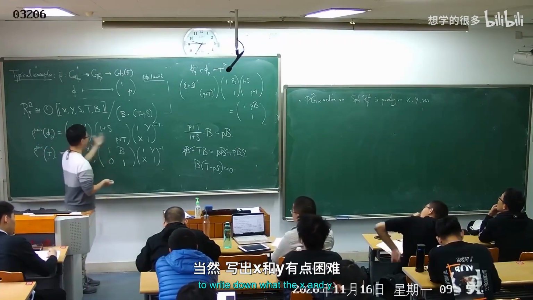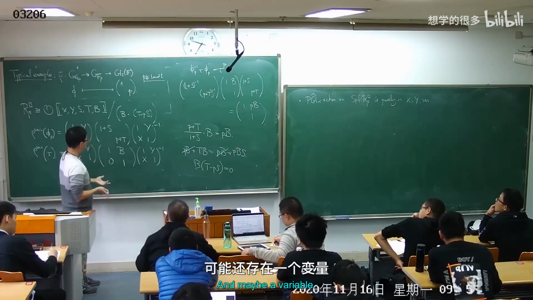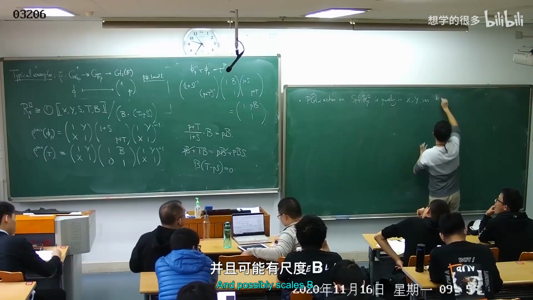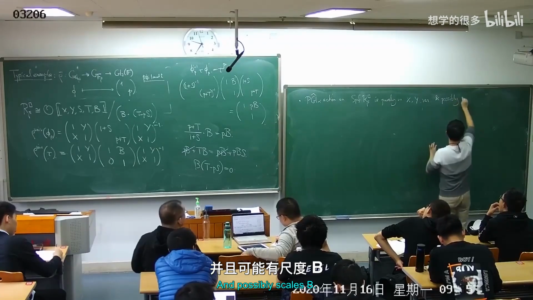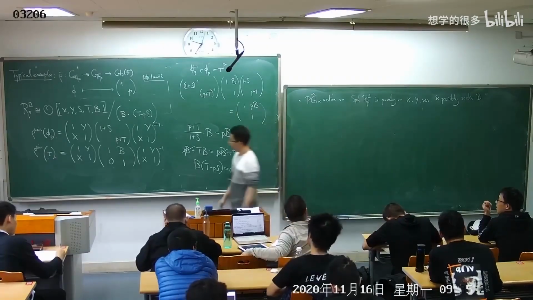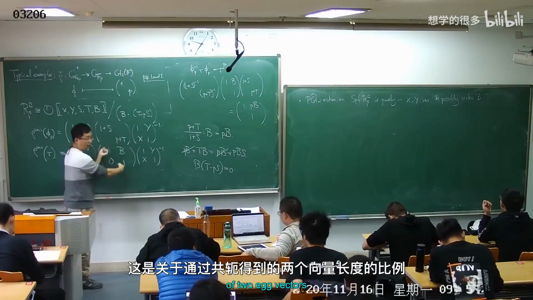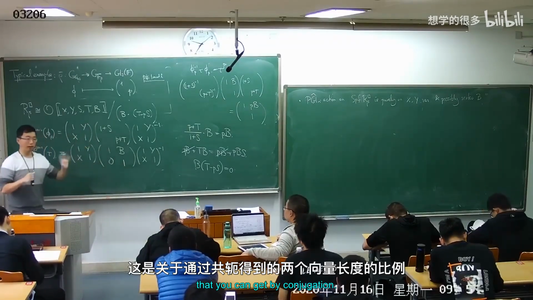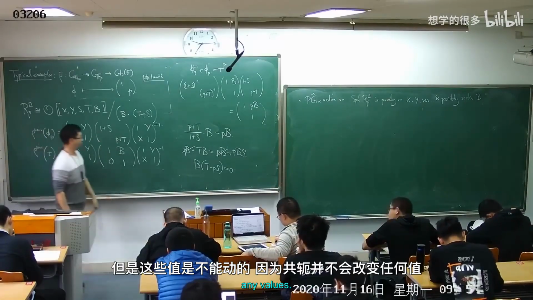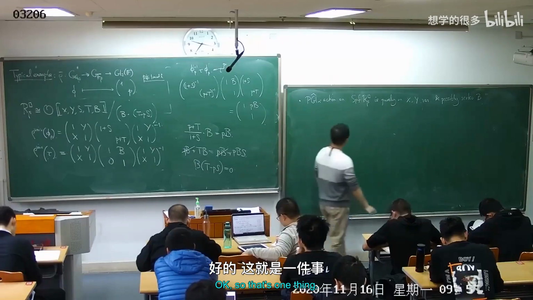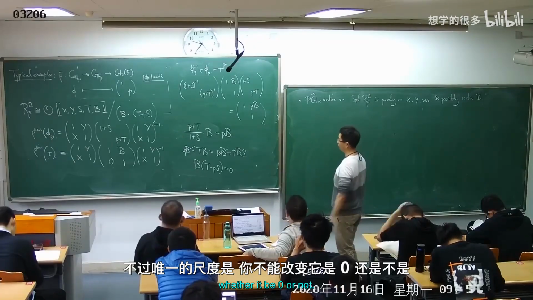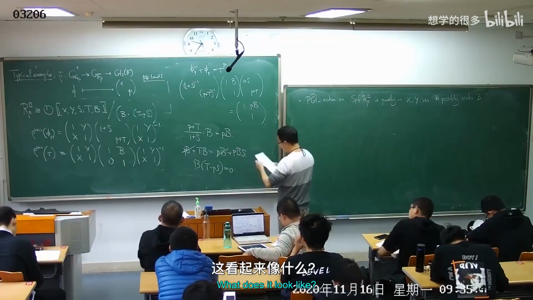Of course, it's a little difficult to write down what it does on the x and y variables, and possibly it scales b, because b is about the ratio of the lengths of two eigenvectors, which you can change by conjugation. But these eigenvalues you can't touch, because conjugation doesn't change eigenvalues. So that's one thing. But you only scale b. You don't get to change whether b is 0 or not. That's the thing. What does it look like?